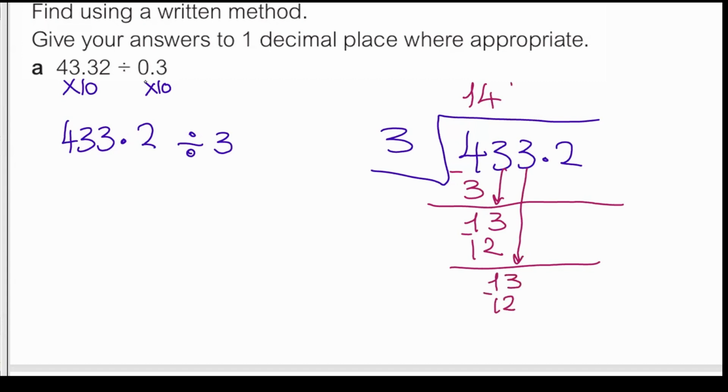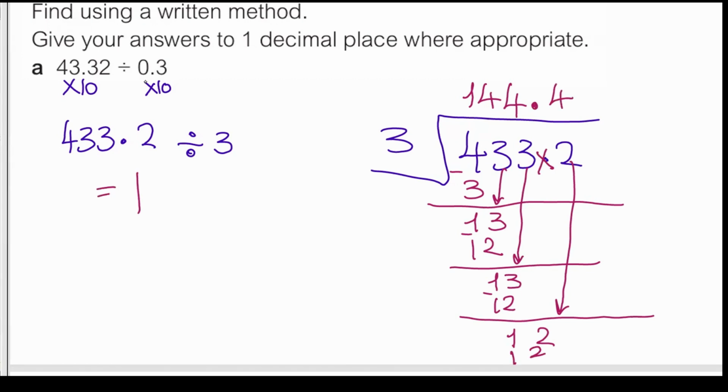So 12 divided 3 is another 4. And then if you need to put down the last two, remember you have a decimal point that needs to go up. And then you have 12 divided 3, it's 4. So your answer will be 144.4. Let's go for the next one.